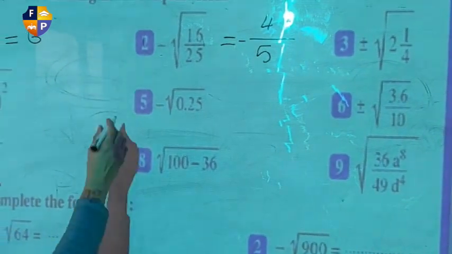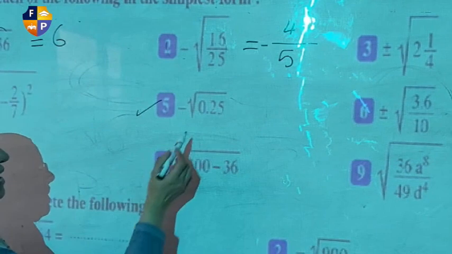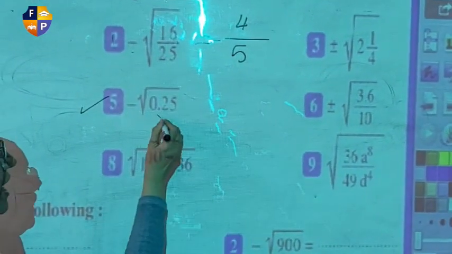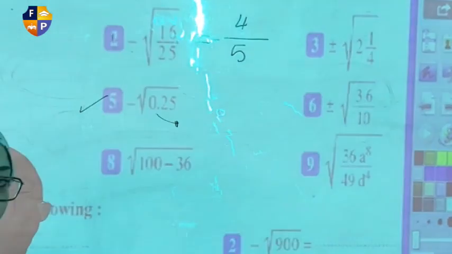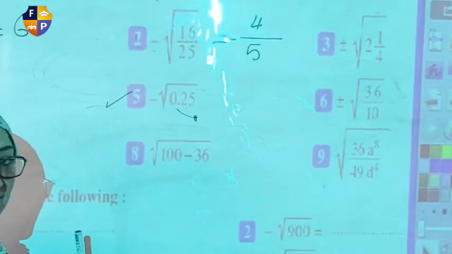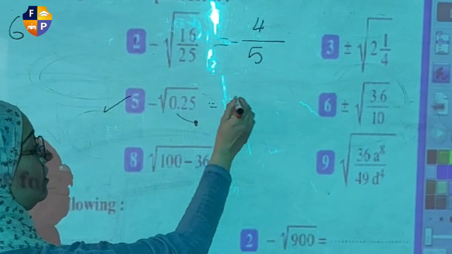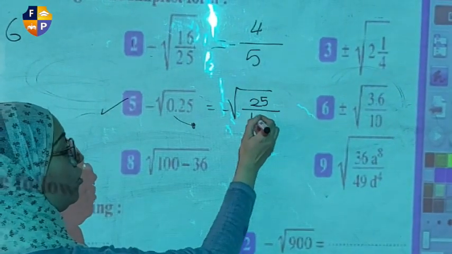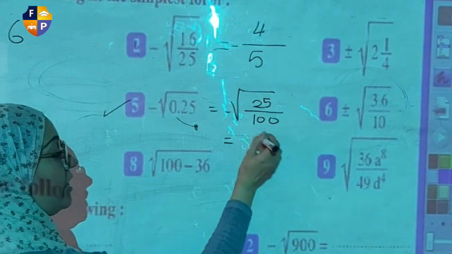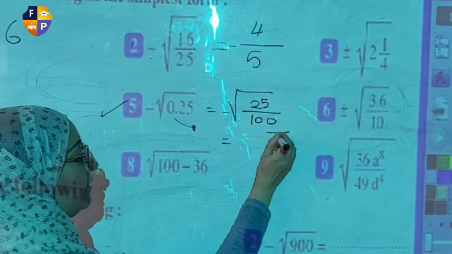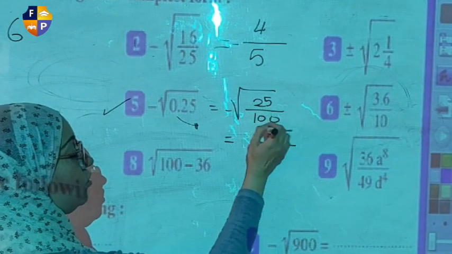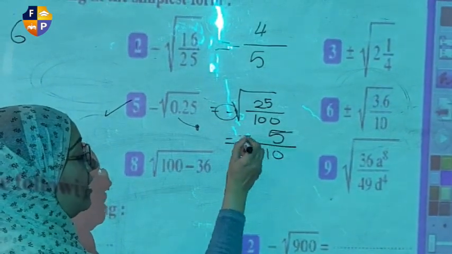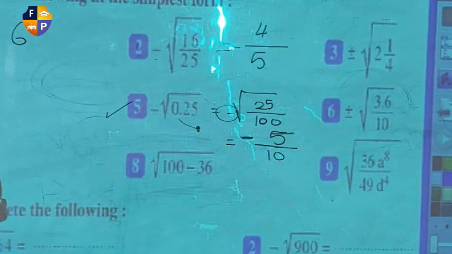Another one, take this. The square root of negative 0.25, you have to convert this decimal number into a fraction by calculator. Never mind, equals 25 over 100. The square root of 25 equals 5, and the square root of 100 equals 10, and do not forget to write the negative sign.